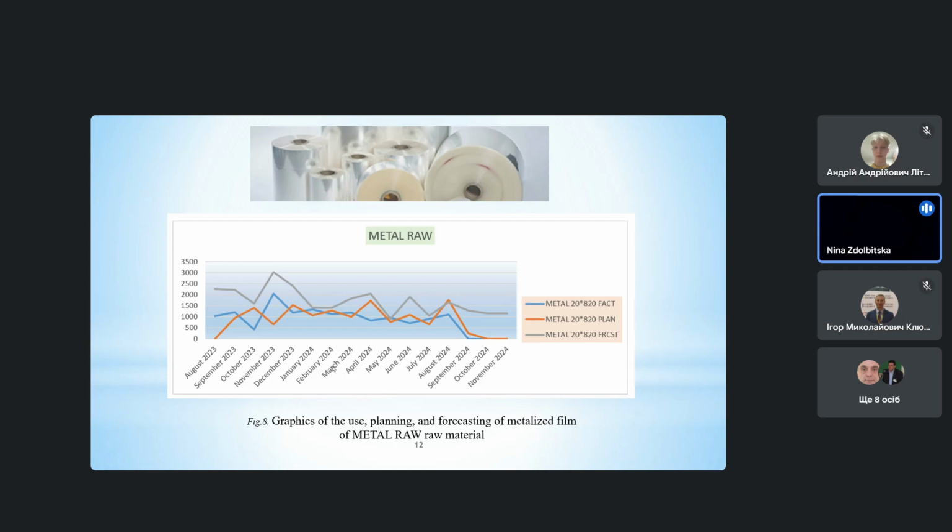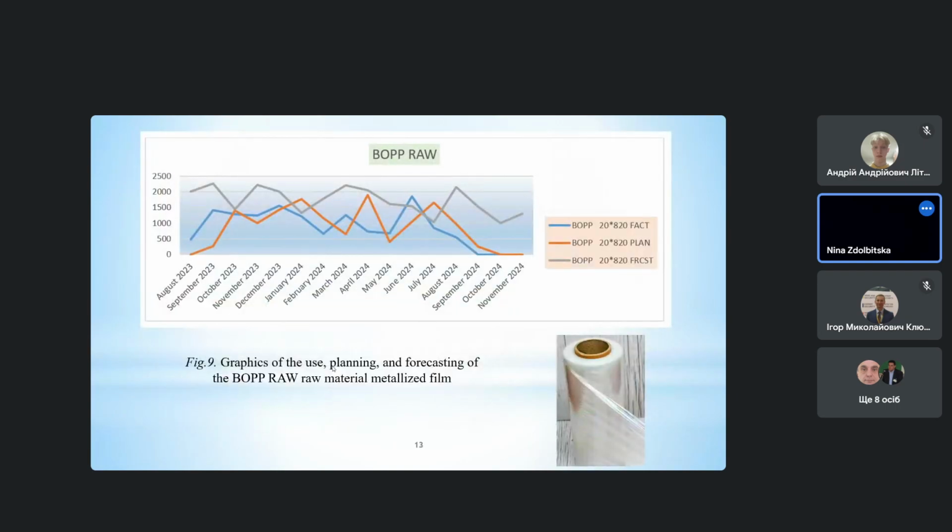Accordingly, we see a decline of the graph. The forecast schedule has a positive trend for the next 3 months. Trends in the use of raw materials are followed in completely similar ways in the figure on screen.